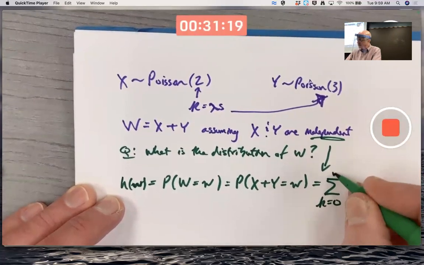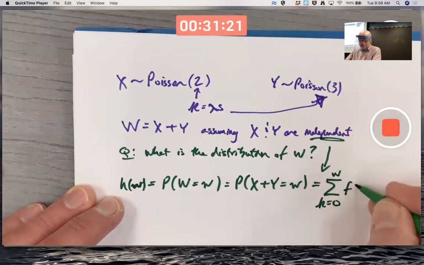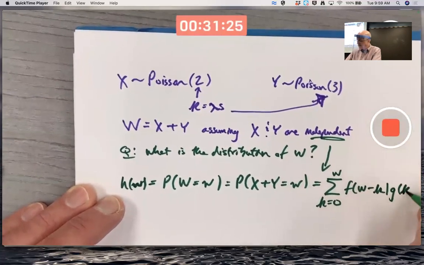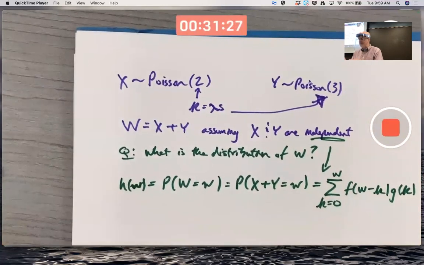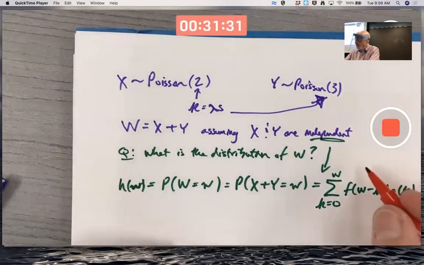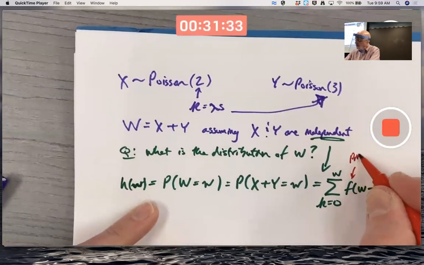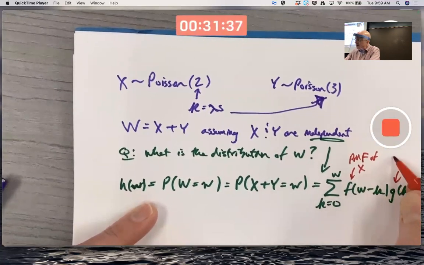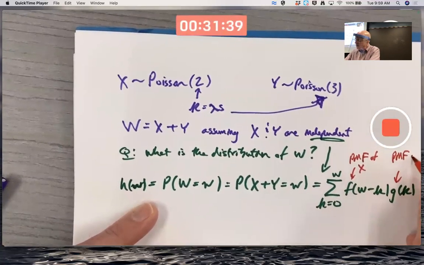K goes from 0 to w of f of w minus k times g of k, where f and g are the PMF of X and the PMF of Y.